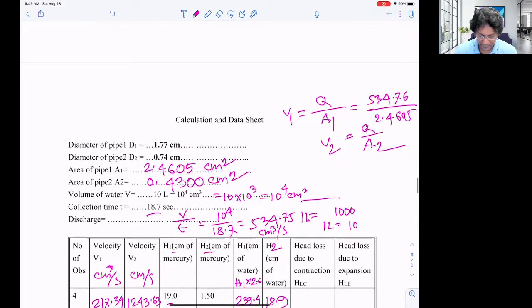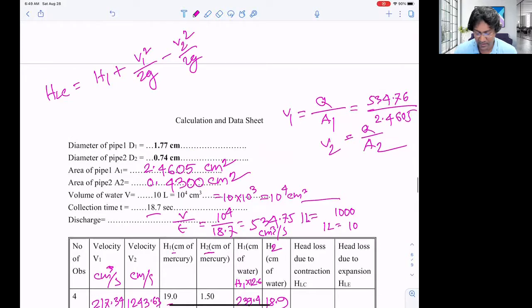So from the experiment, the head loss HLC will be H1 plus V1 squared divided by twice g minus V2 squared divided by twice g. If we take that, it will be negative, right?